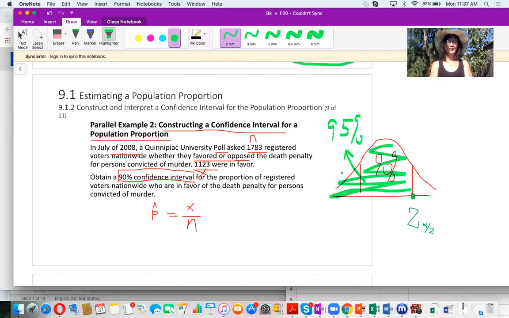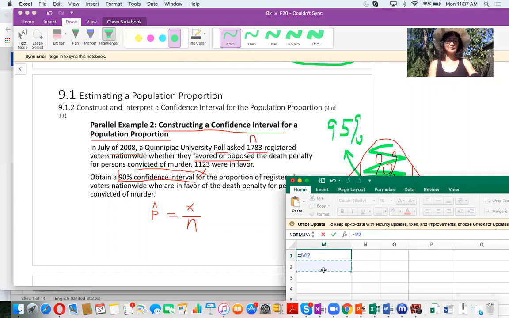Okay. So once you have this 95%, you go to Excel. Equal norm.inv. Probability 0.95 means 95%. Mean is 0. Standard deviation is 1. Okay. And you get 1.645.